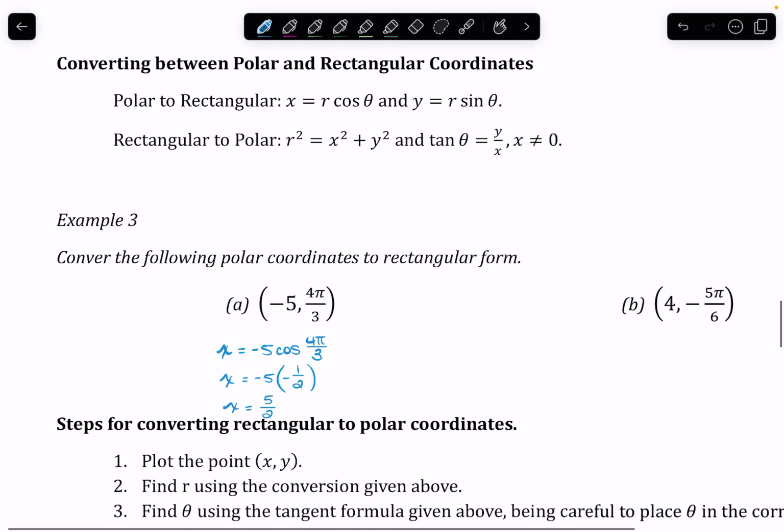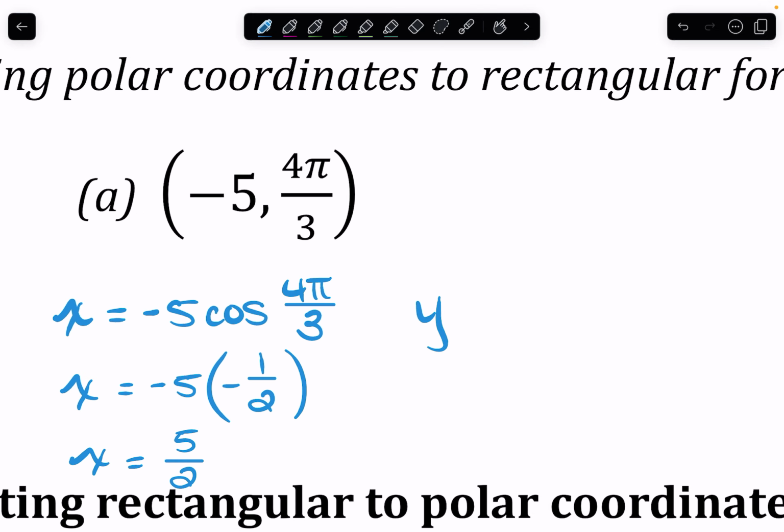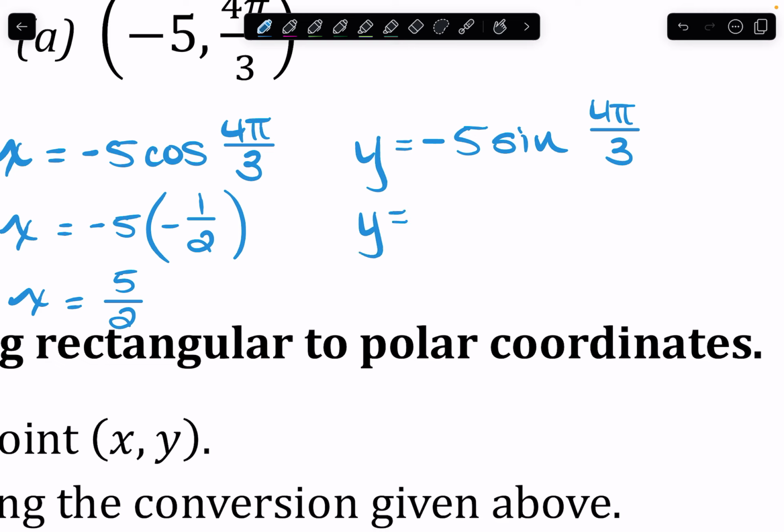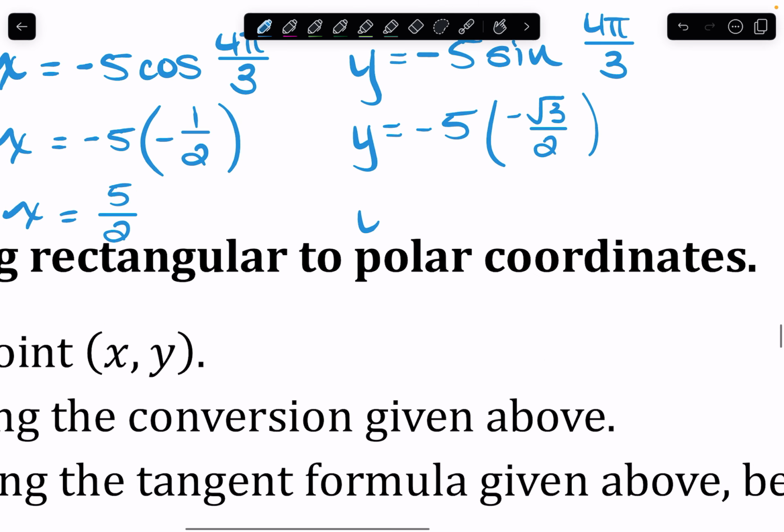Y is r sine theta. So negative 5 sine 4 pi thirds. Sine of 4 pi thirds is negative because we're in quadrant 3, negative square root of 3/2. So negative times negative is positive 5 square root of 3/2.